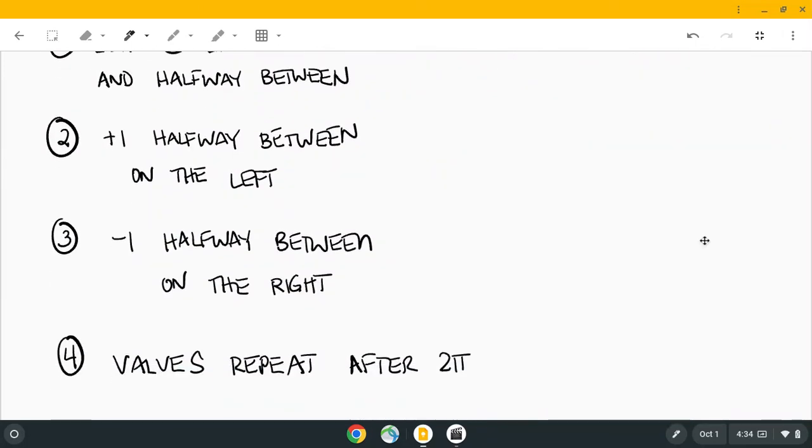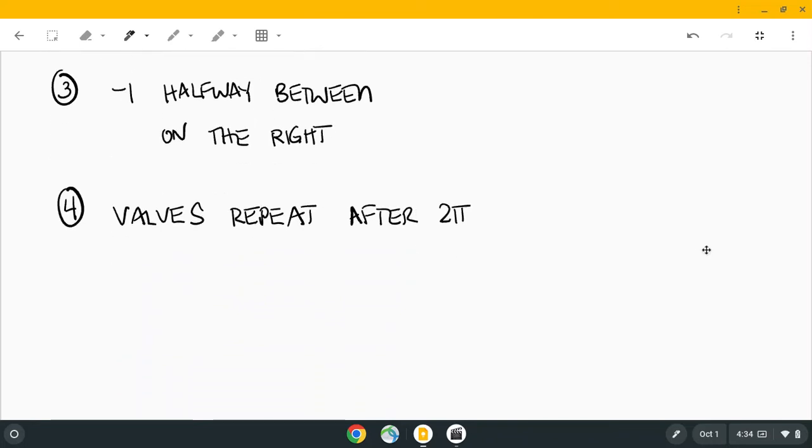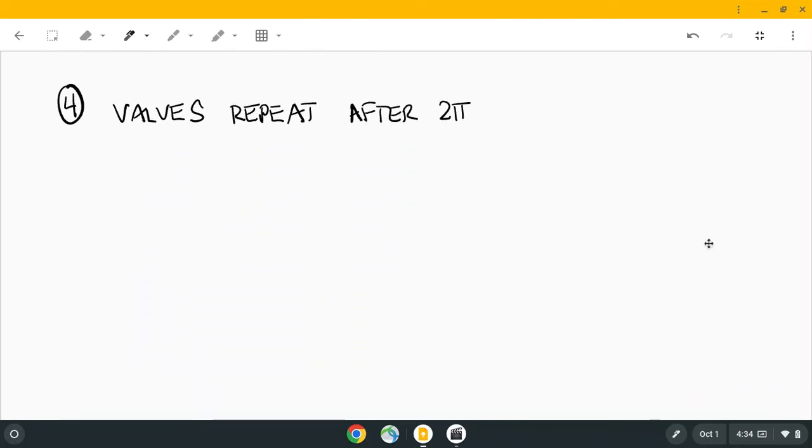So two things that will come up when graphing are the period and the amplitude. So the period, let's talk about what that is first.